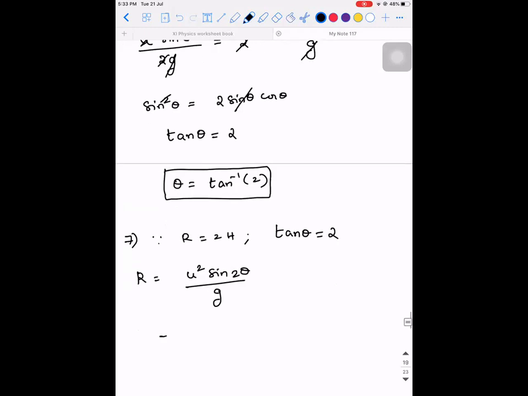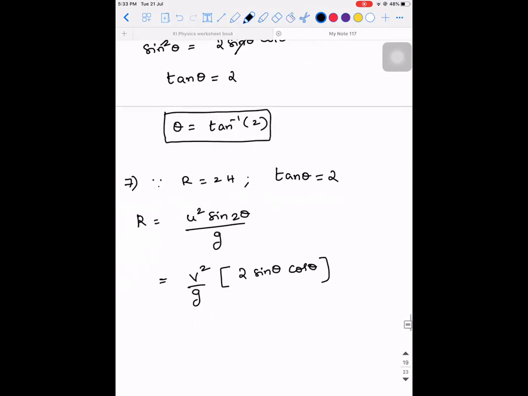The velocity is given as v, so v square by g. How can I write sine 2 theta? It is 2 sine theta into cos theta. It is v square divided by g into 2 into. When tan theta is equal to 2, what is the value of sine theta? Tan theta is 2, so 2 divided by 1.